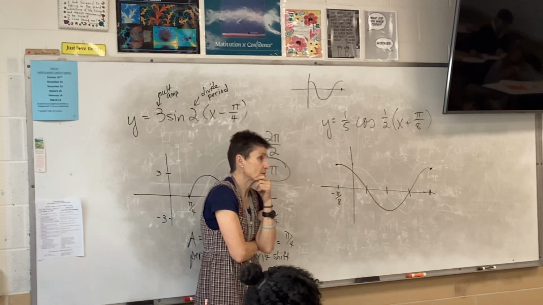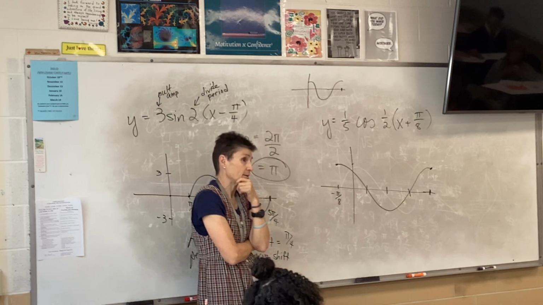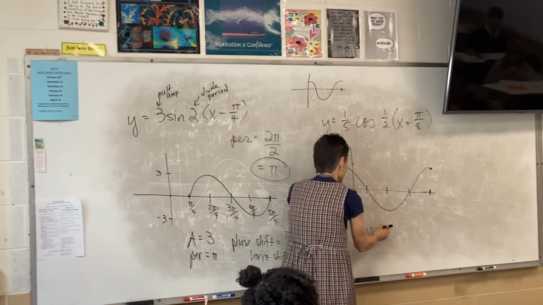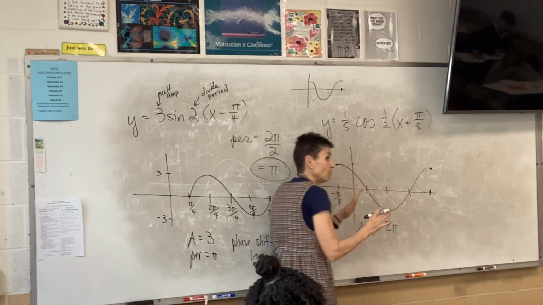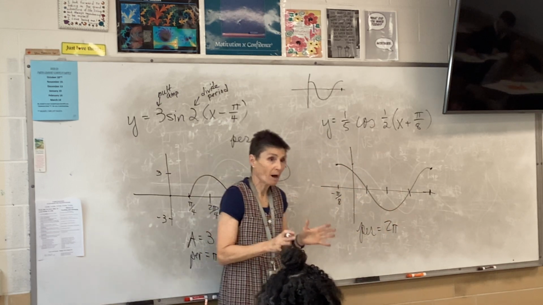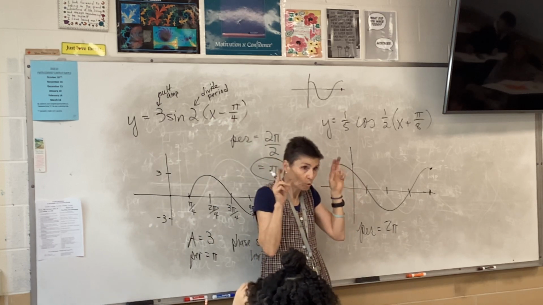Those labels depend on my period. I know that my period is supposed to be 2 pi. Every cosine and sine starts with 2 pi as your normal period.